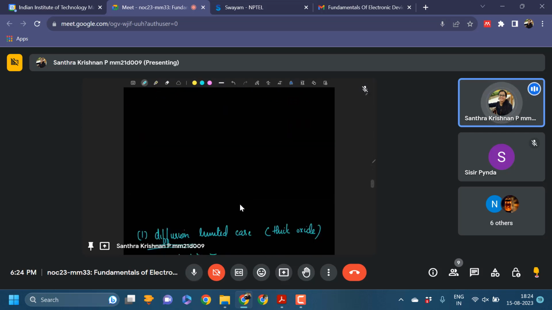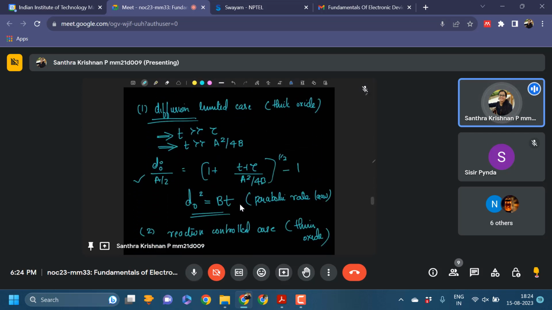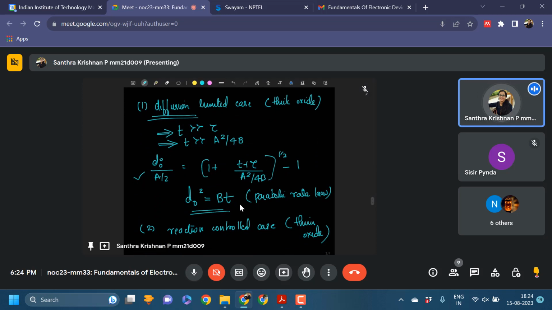So in case of thin oxides and thick oxides, we have two rate limiting cases. One is diffusion limited in case of thick oxide, and it is reaction limited in case of thin oxide. Whenever it is diffusion limited, we have two assumptions, that is T is very, very greater than tau and T is very, very greater than A square by 4B. So the equation will be condensed to D0 square is equal to B into T, which is a parabolic rate law.